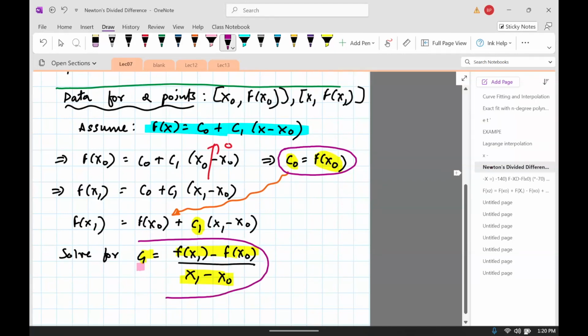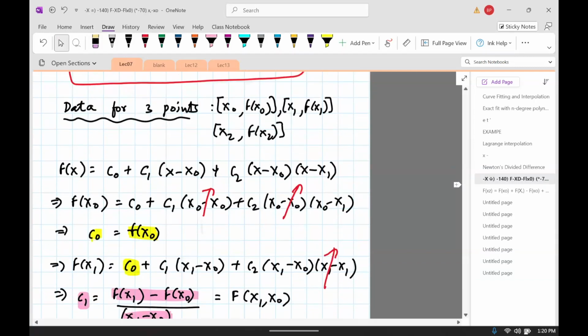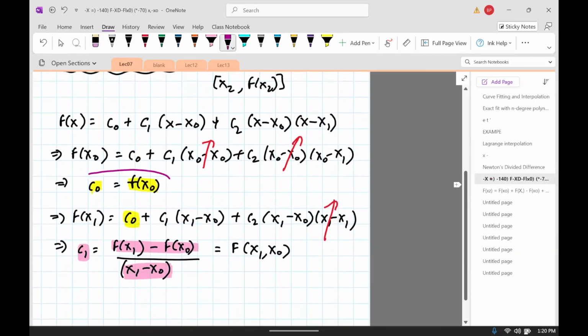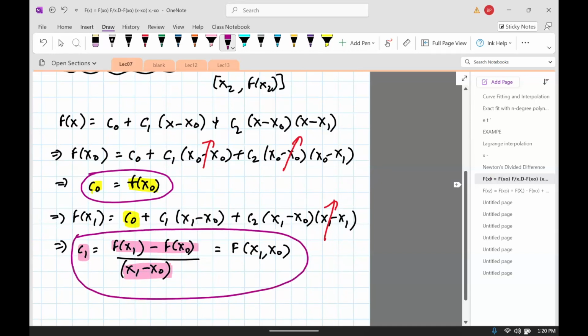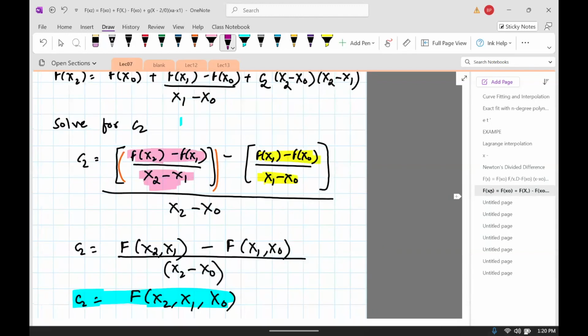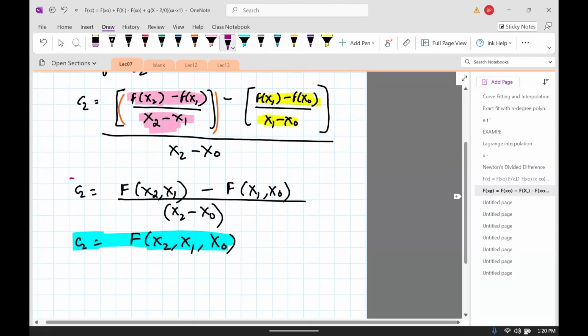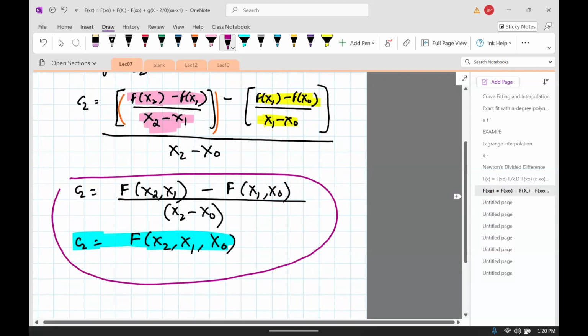This is C1, uppercase F x1 x0. If you go to C2, it's right here, uppercase F x2 x1 x0.